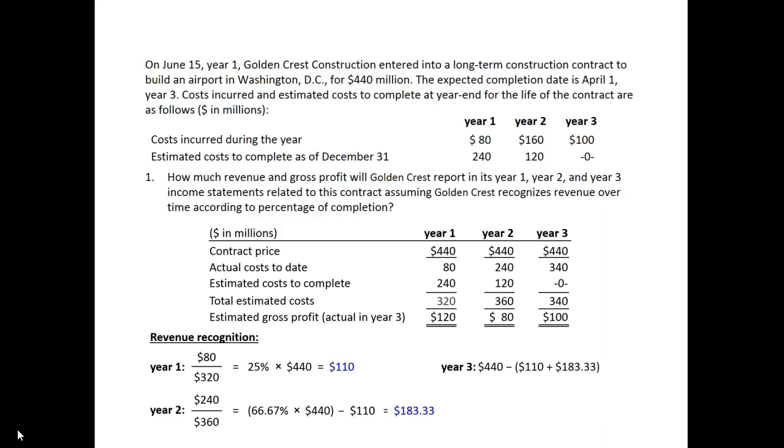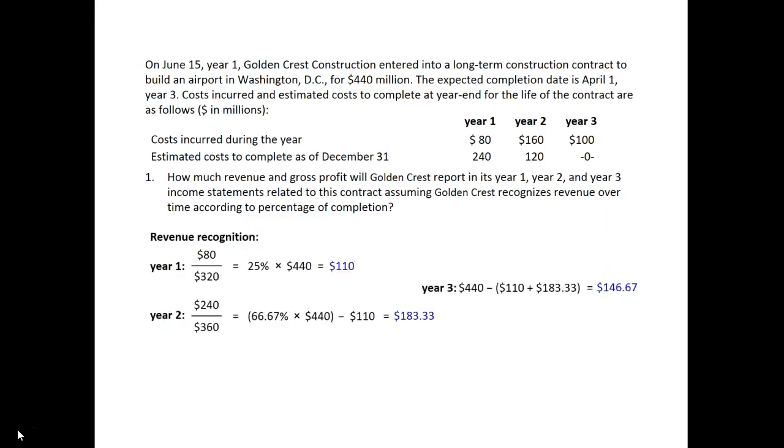And then in year 3, we're going to do the same. Take what the revenue was in year 1 and 2, subtract it from the total contract price to give us the amount of revenue that would be recognized in year 3.